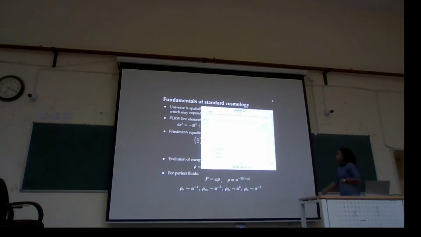So this is the plot. On the x-axis you have the scale factor, and these two blue lines, dashed and dotted, show the contribution to the total energy density, one by the dark energy, the other by the matter. Since they vary at different rates, there exists a time where they contribute equally to the total energy density.